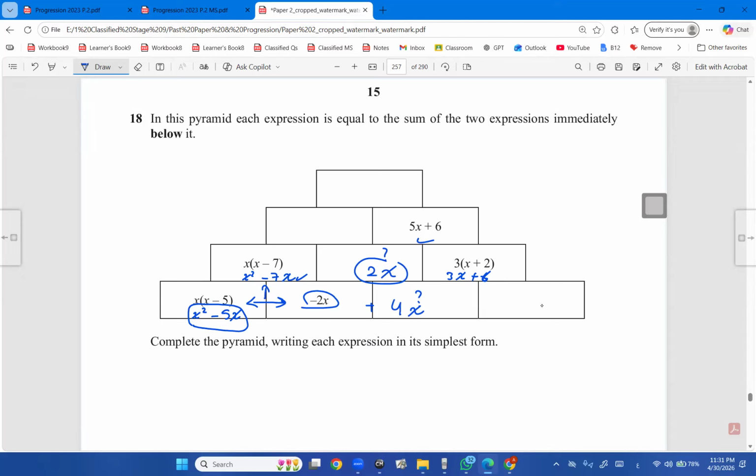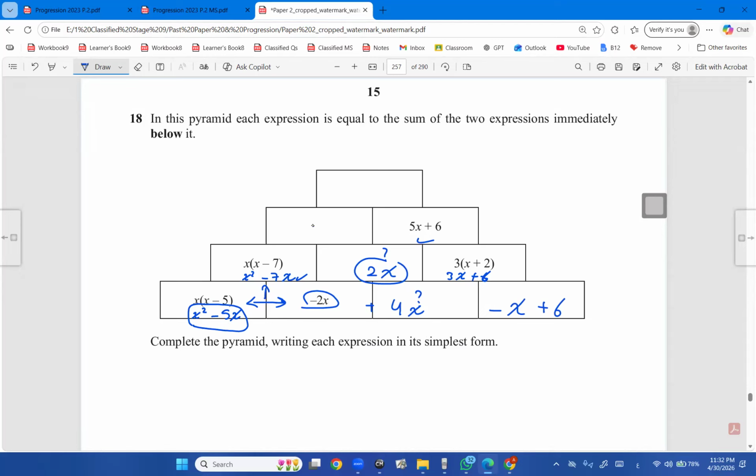Oh, mister, definitely I need a 6 because I don't have here a term that is a constant. I need a 6. All right, the 4x plus what will go down to 3x? It is negative 1x. So now 4x plus negative x, which is 4x minus x, will take you to the 3x. And definitely the positive 6 is there.